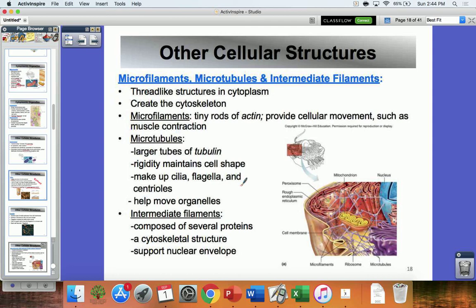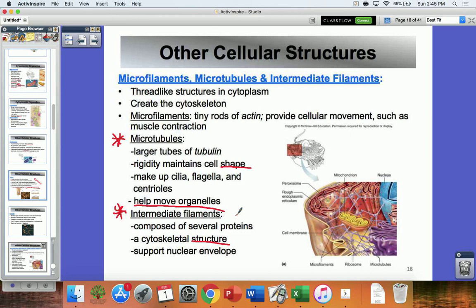And so that's what these three are going to be responsible for, especially the microtubules and intermediate filaments. They're going to be responsible for that shape and that structure. Okay, and they also help move things around. For instance, during mitosis, microtubules will help move those structures around like they need to.